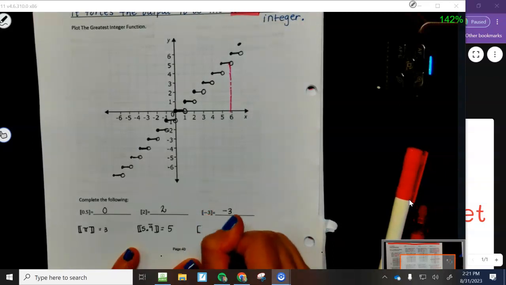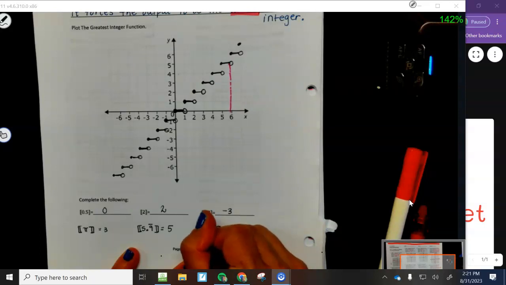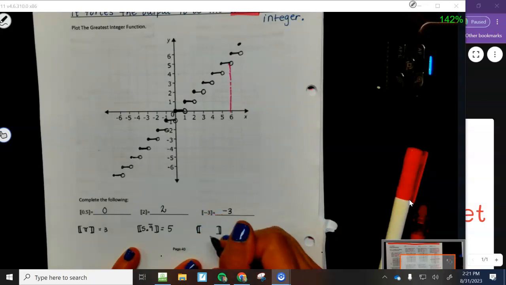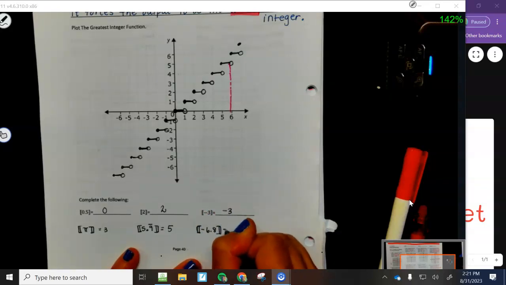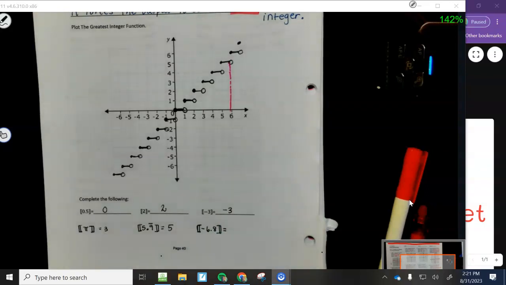Let's take another integer. Let's plug in, not an integer, let's plug in another decimal. Let's plug in a negative number. Let's plug in negative 6.8. Now listen carefully. What two integers is negative 6.8 in between? Negative 6 and negative 7.